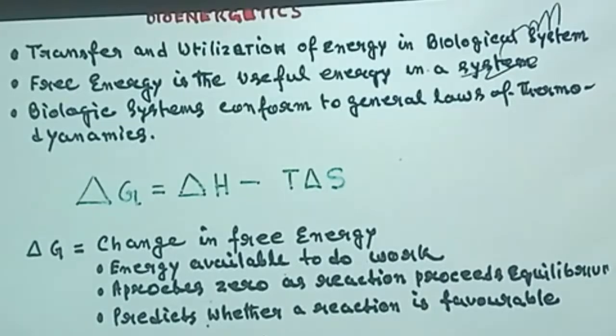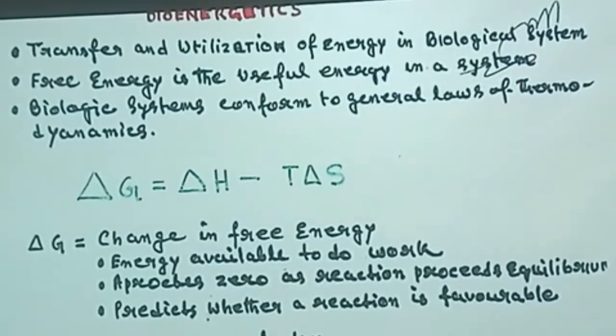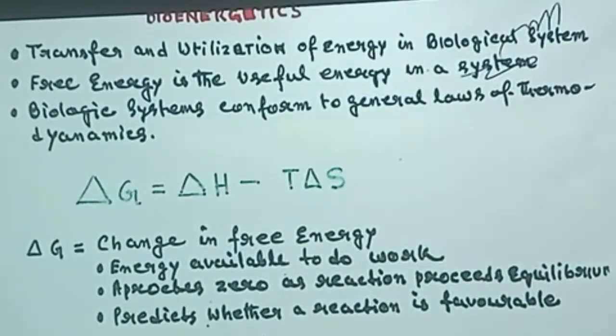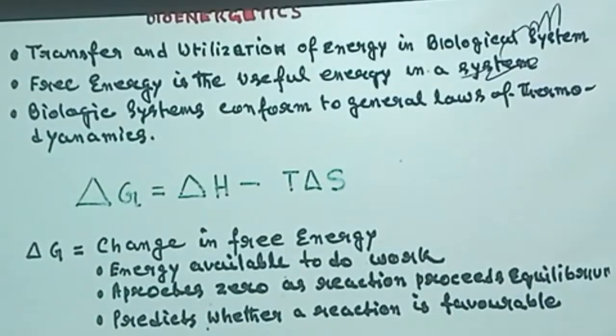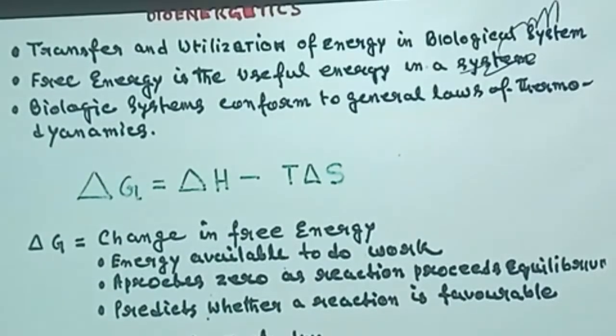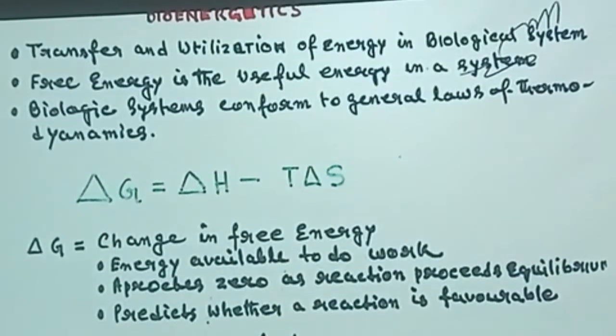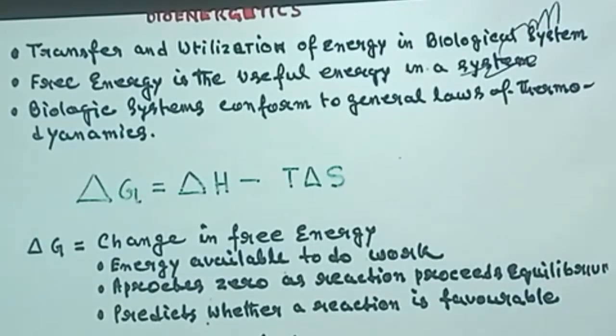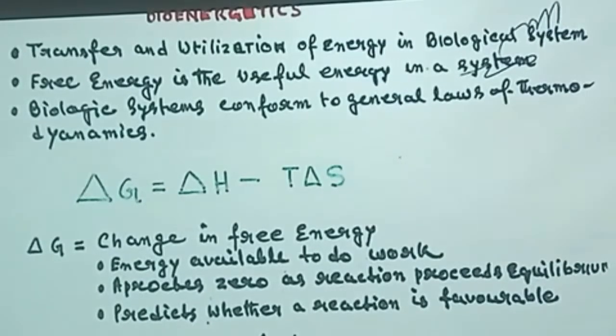Now biologic reactions conform to the general laws of thermodynamics. Whenever a reaction has to happen, these laws definitely have to be maintained. That is delta G, the free energy, is equal to delta H minus T delta S. Delta G is the change in the free energy, the energy available to do work.